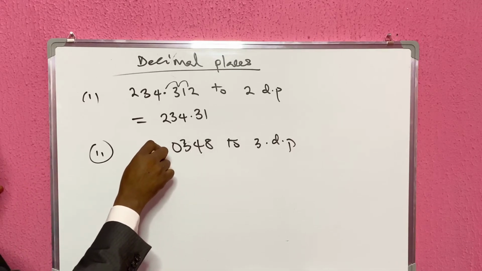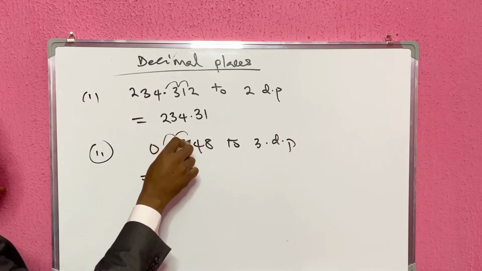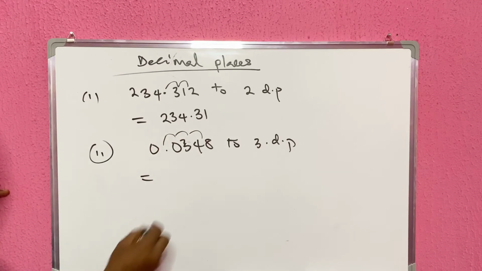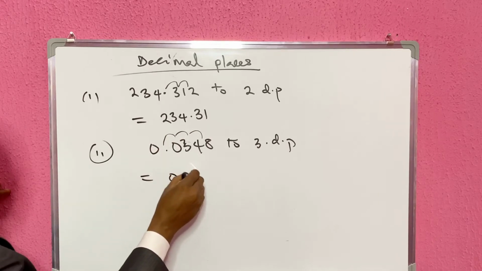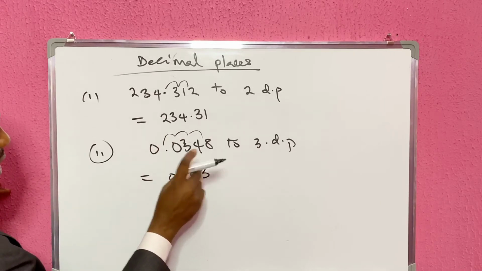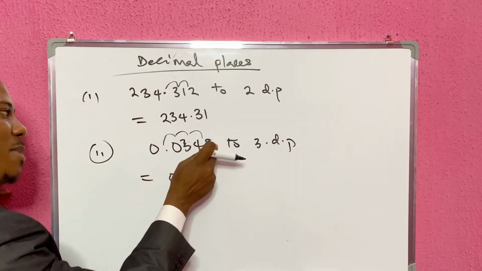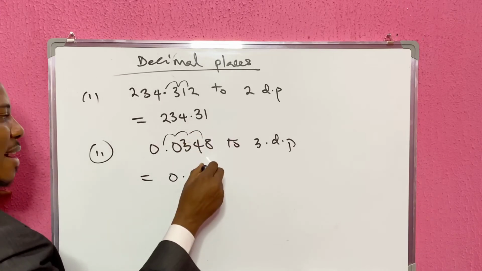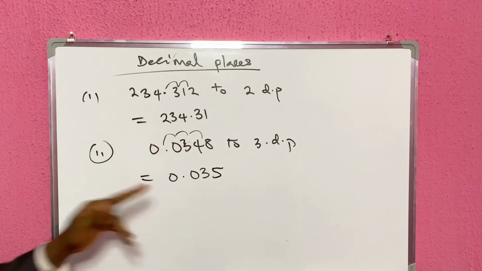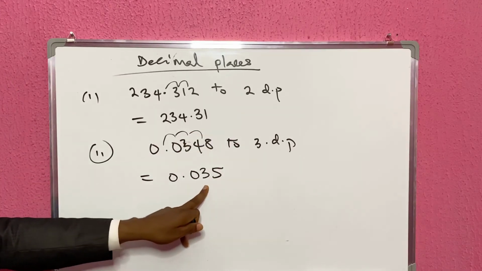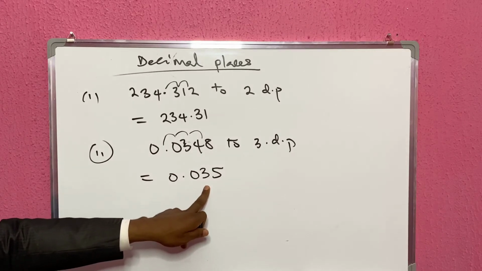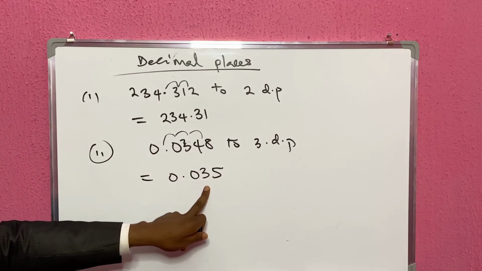You move 1, 2, 3. You have 0.03. Now 4, but 8 is bigger than 5, so you approximate, and have 0.035 as your answer. This is your answer in 3 decimal places. I hope it's clear.